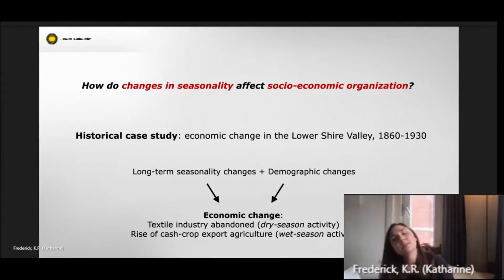Meanwhile, at almost the same time, labor is being increasingly channeled into agriculture, not only for subsistence, so feeding your own family, but also for the first time in this region's history, labor is being applied to cash crop agriculture. That is the growing of crops to sell on global markets.